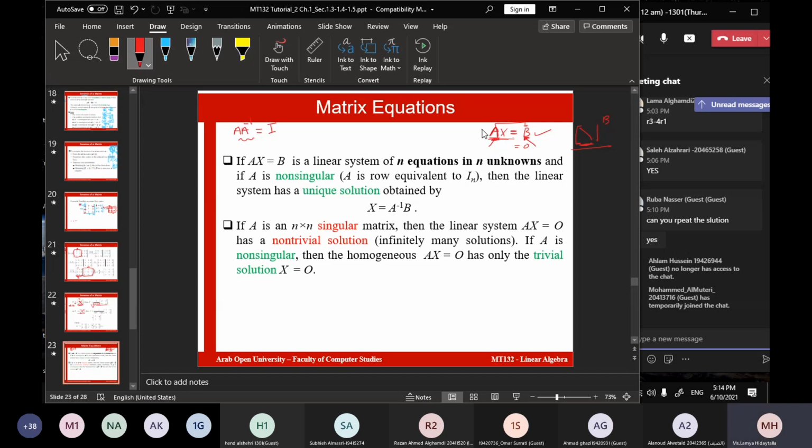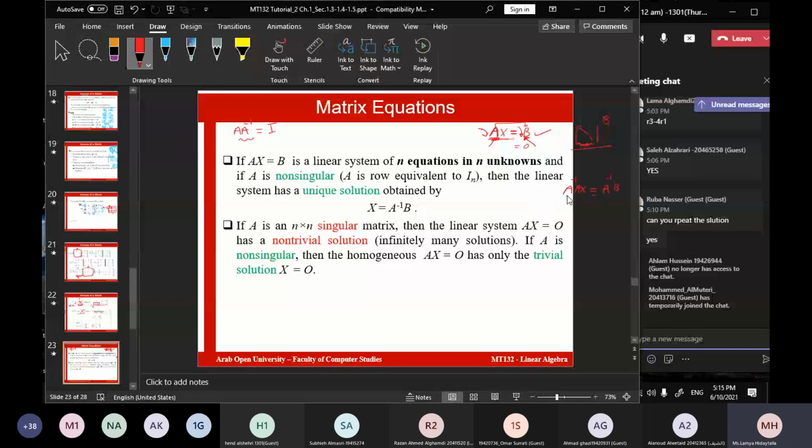So I will multiply from here by A inverse, so I should multiply from this side as well by A inverse. So we will have A inverse times A times X equal to A inverse times B. Yes, equality will hold as well.